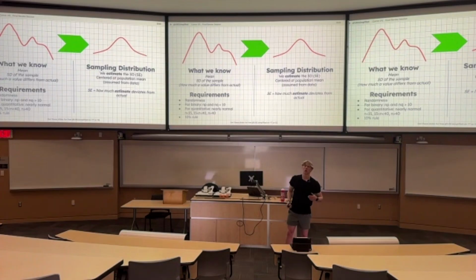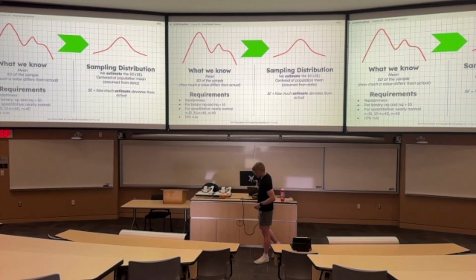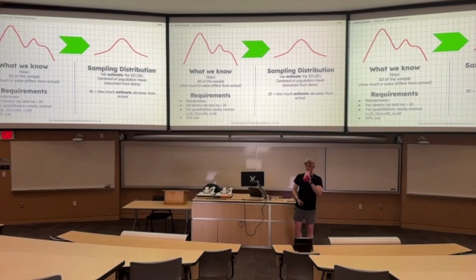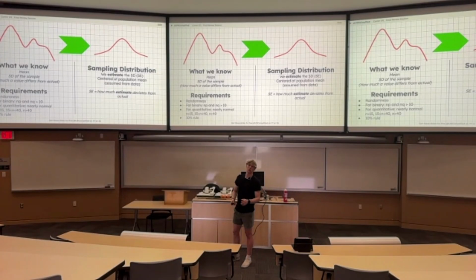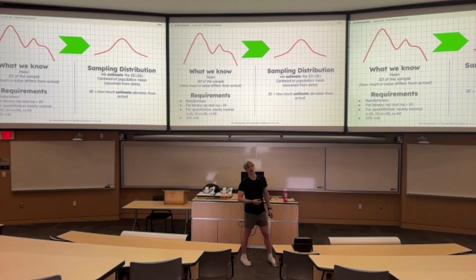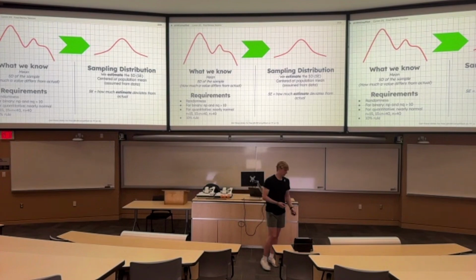If your sample size is less than 15, it has to be nearly normal; between 15 and 40, it can't have really strong skewness; and for n greater than 40, it just has to have no extreme skewness. And then also the 10% rule: you don't want your sample to be greater than 10% of your population.